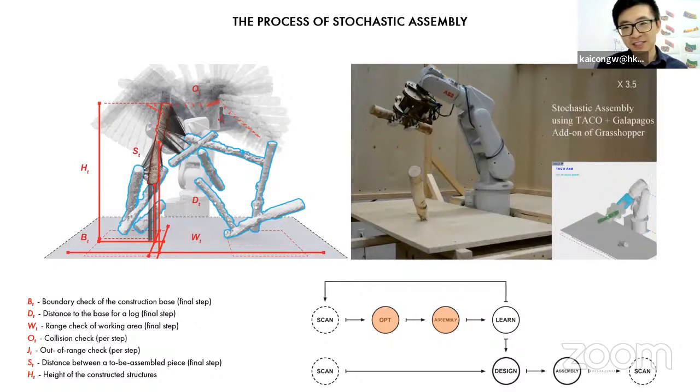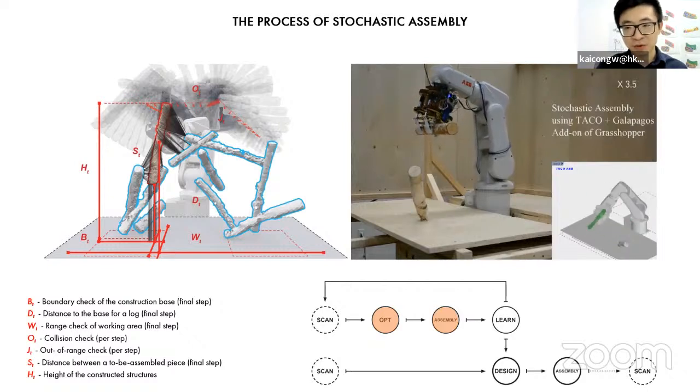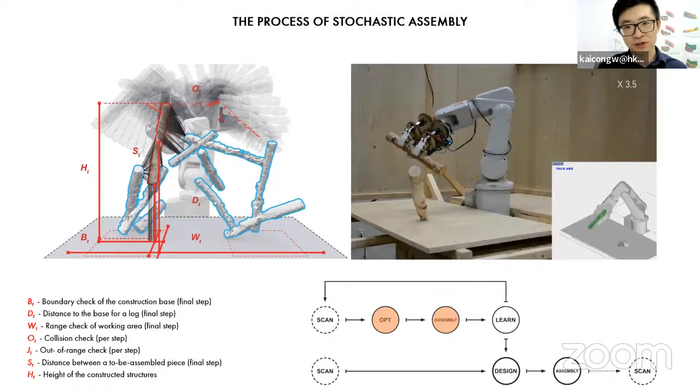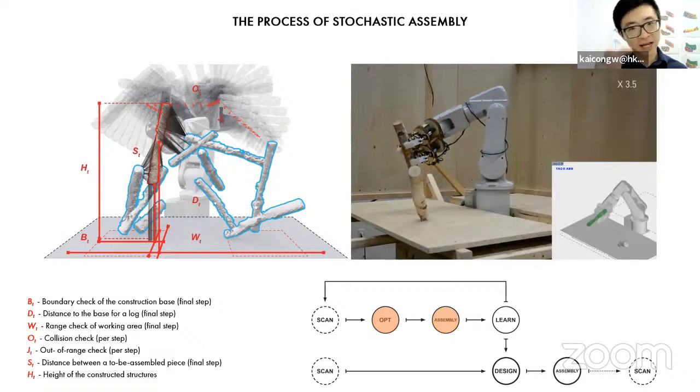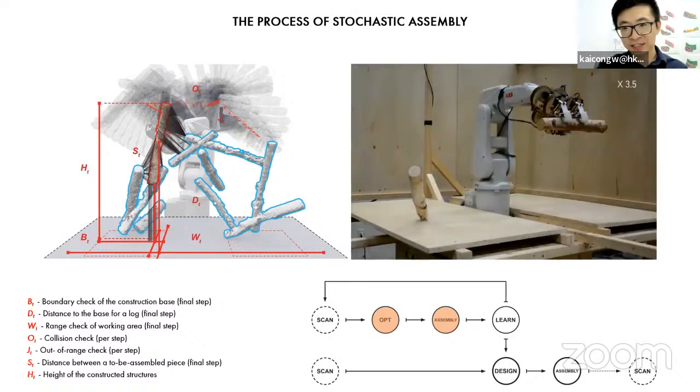So in this process, I also use evolutionary computing, but there are multiple evaluations that we have to put into the calculation to avoid collision with the existing structure, for example, but also avoid colliding into the basement, right? But we also want to realize higher and higher structures, and also connect the two parts as the objective, right?